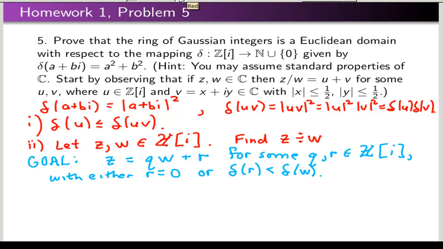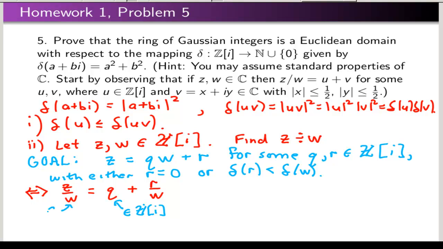So now let's work backwards and say, well, what does that mean? Well, that's equivalent to showing that if I take z and divide it by w, it would be q plus r over w. Q is supposed to be a Gaussian integer. And just think of these other two numbers as being complex numbers.